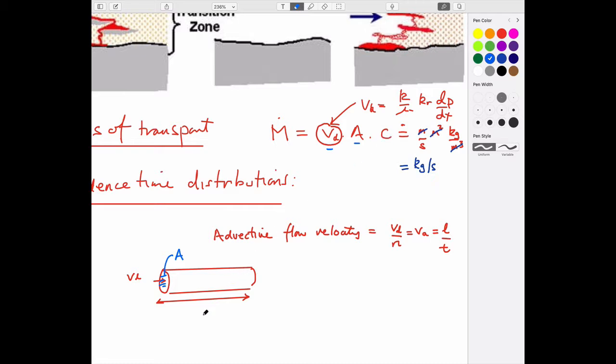And this is length. So in other words, the arrival time is going to be equal to length divided by advective velocity, quite simply, just by rearranging this. Or the time taken to arrive somewhere is going to be equal to the length divided by the advective velocity.